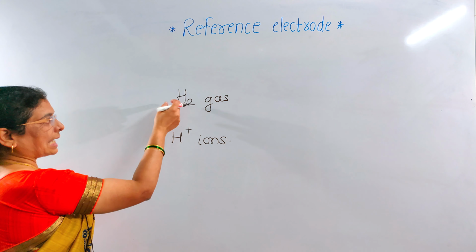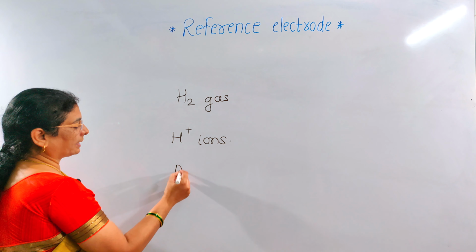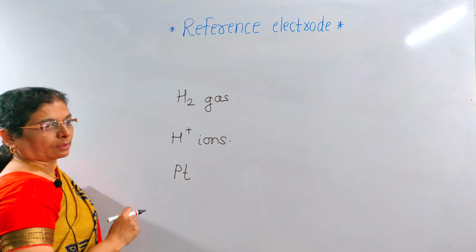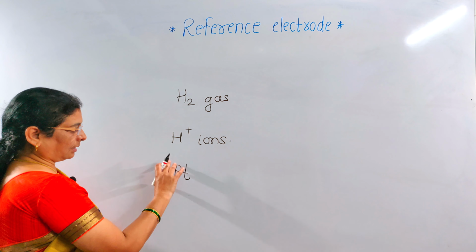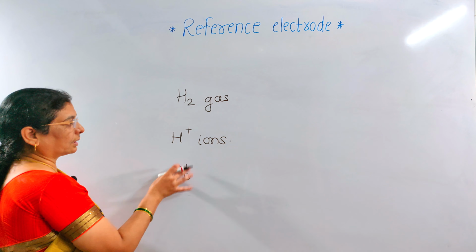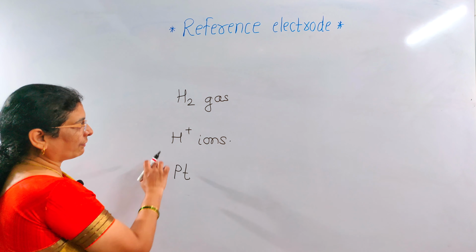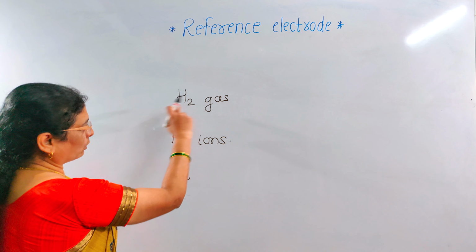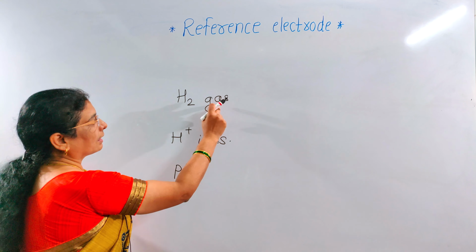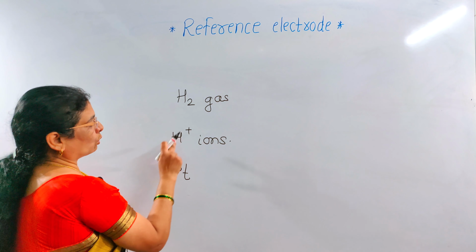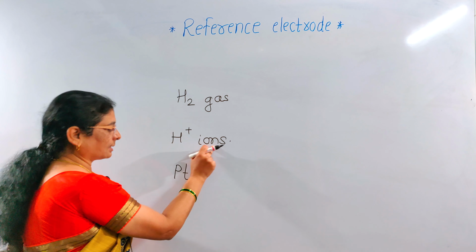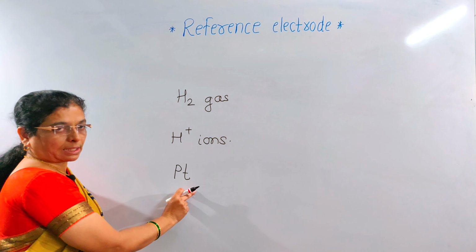So the gas is adsorbed on an inert metal like platinum, and that platinum metal is dipped in a solution containing the ions of the gas. So for the preparation of a hydrogen gas electrode, we require hydrogen gas, a solution which contains H plus ions, and platinum metal foil.